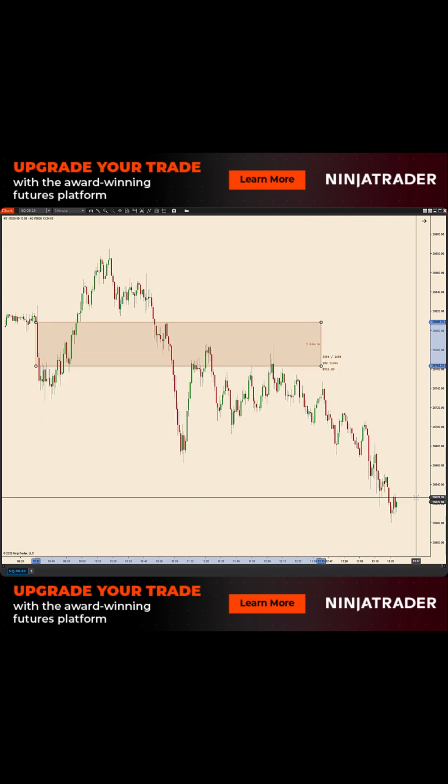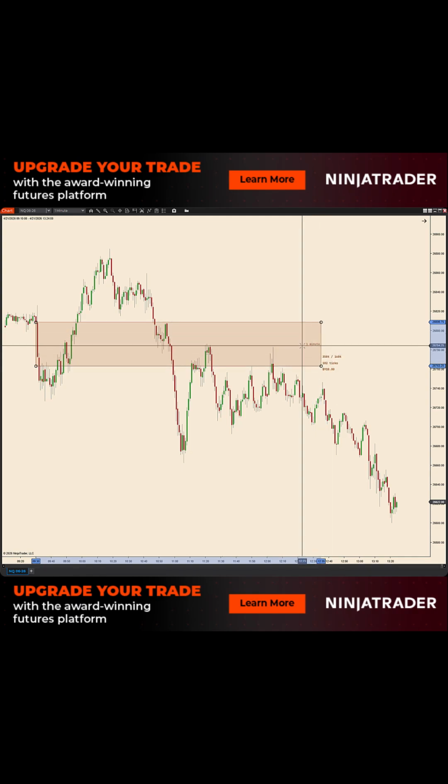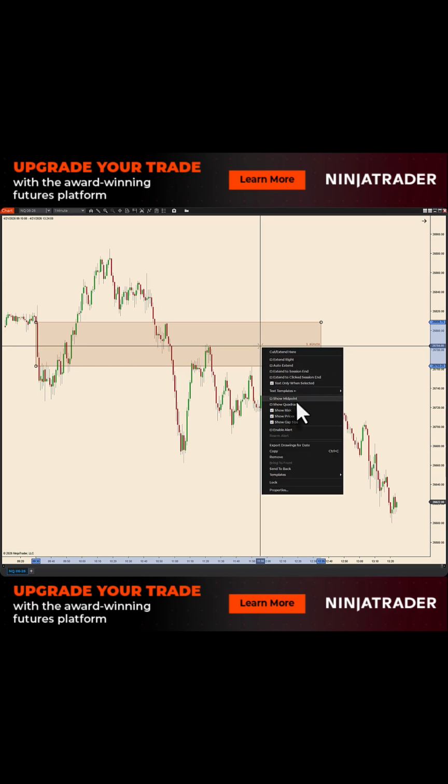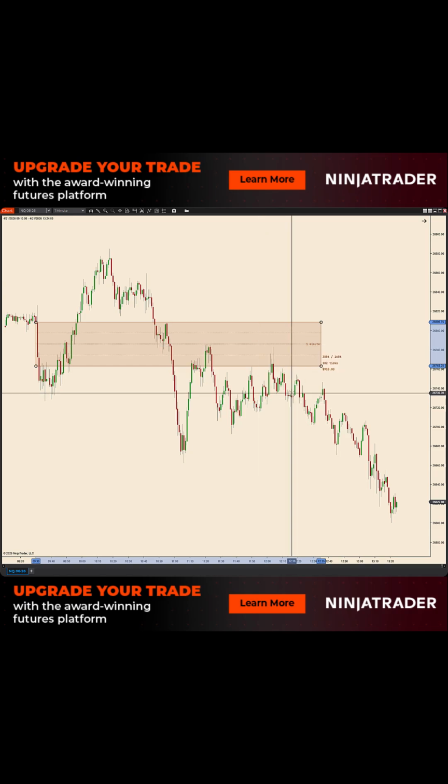where price is currently right here at the 26622 level. From the bottom, we are 168 ticks, and from the top, we are 358 ticks away. So very useful information. What we can do is come in here and put our quadrants.